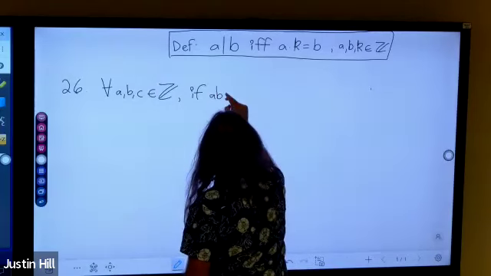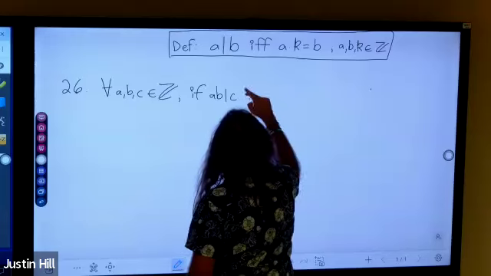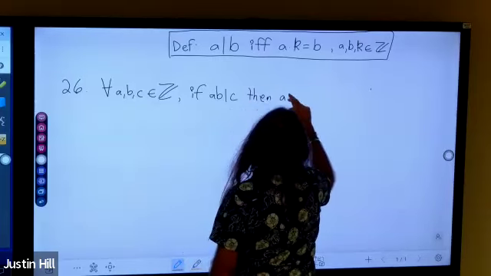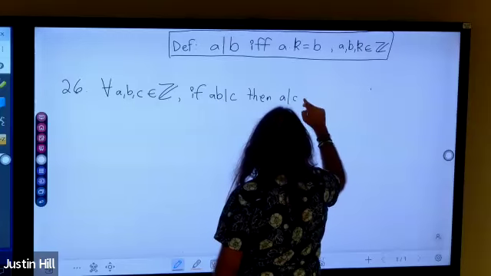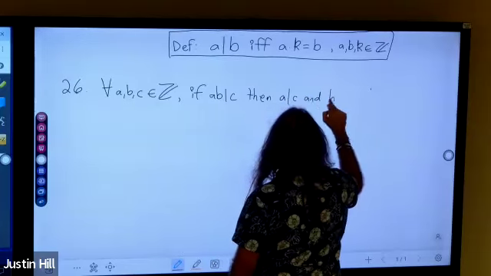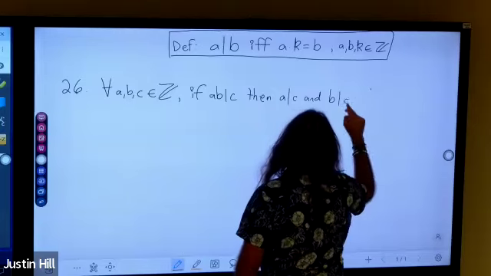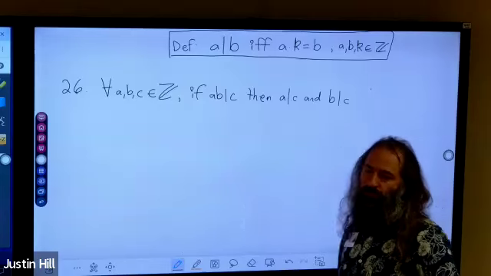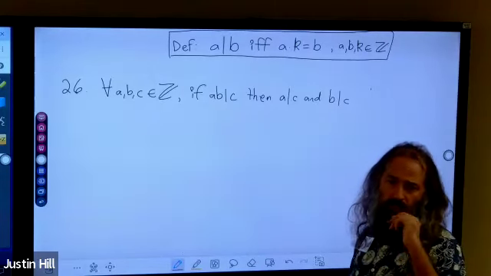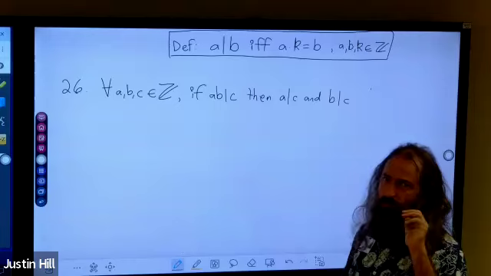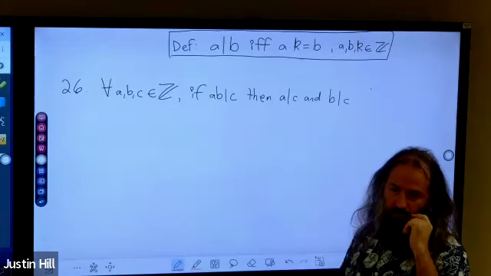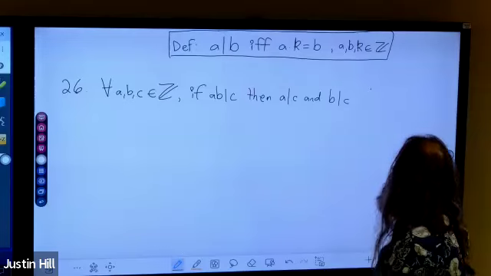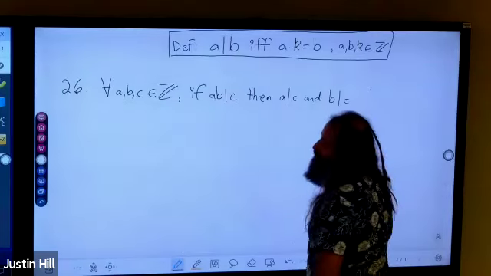If AB divides C, then A divides C and B divides C. So this is the converse of 25, which means it could be false like 25 was, but it also could be true because the converse and the original statement are not necessarily tied to each other, truth value wise. So this could be false or this could be true.